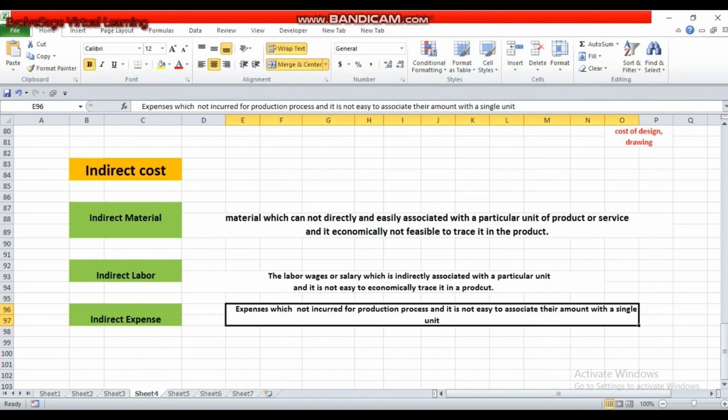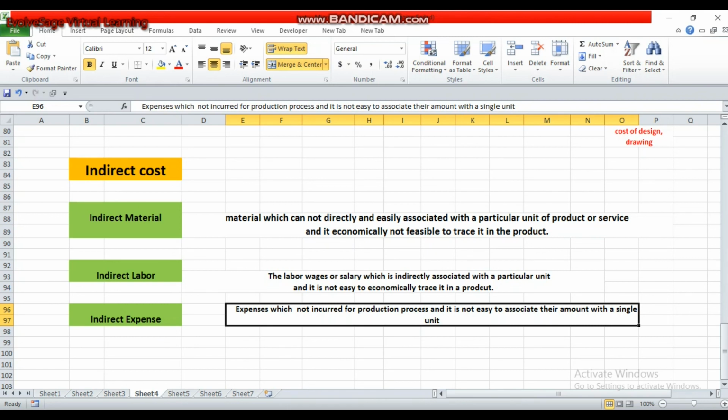If we stop production, these expenses will continue, so their amount cannot be associated with a single product, because these expenses will consume more in one product and less in another. So it is difficult for us to quantify how much expense was incurred in one product and how much in another.